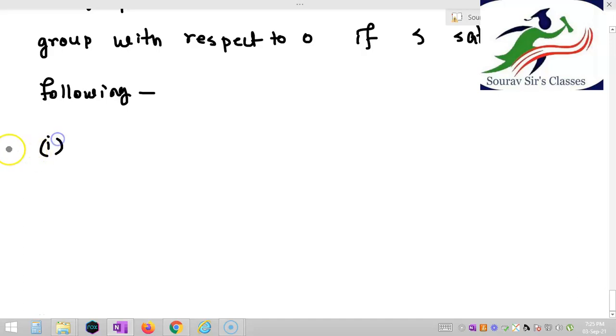First property is, when you are taking any two elements from S, that is let A comma B belongs to S, then A compose B must belong to S. Okay, that is composition of any two elements of S is again in S. This property is actually known as the closed property.